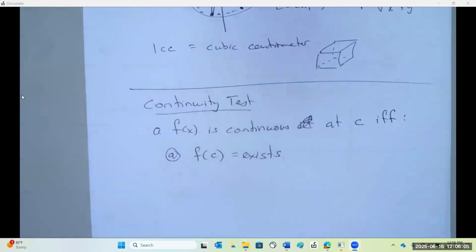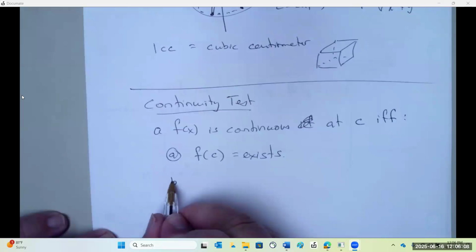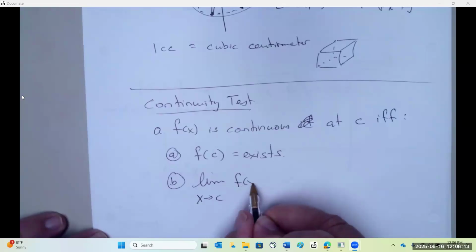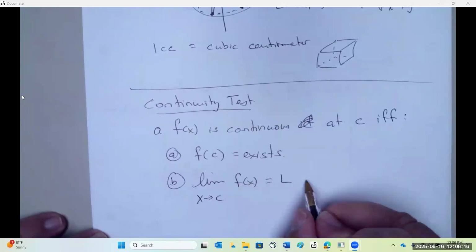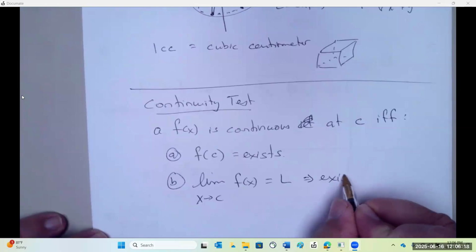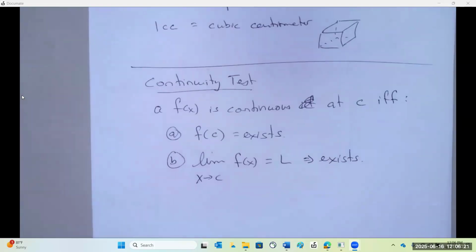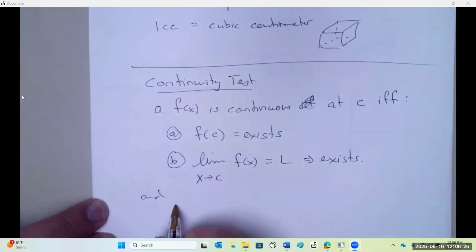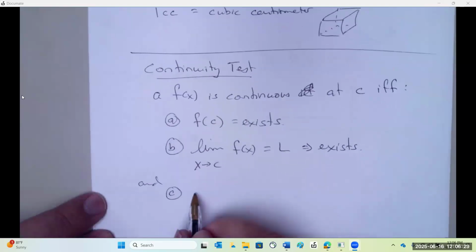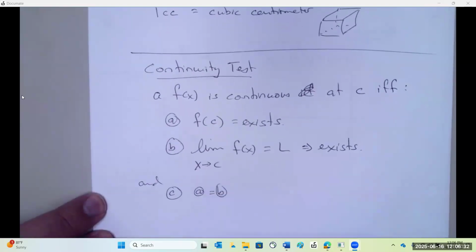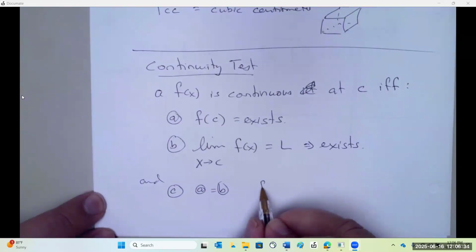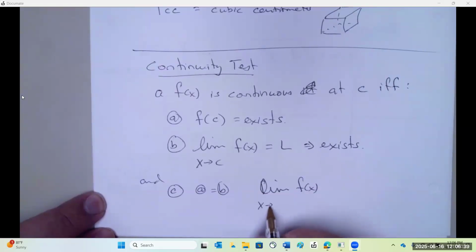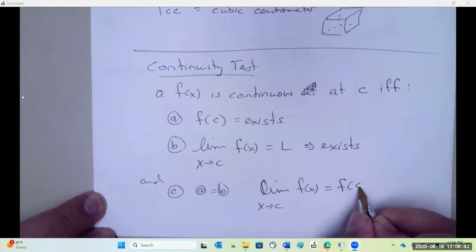That is, you plug in the value C and get an actual number. The limit as x approaches C of the function equals L. It exists. And A equals B. Both of those values have to be equal. The limit of our function as x approaches C has to equal f of C.